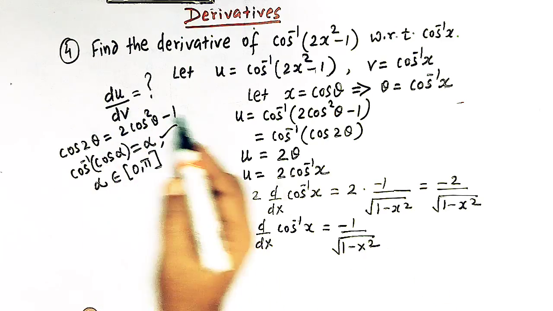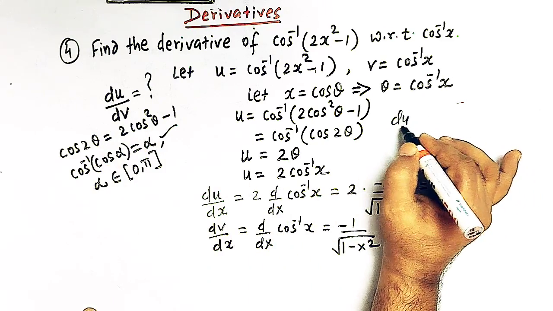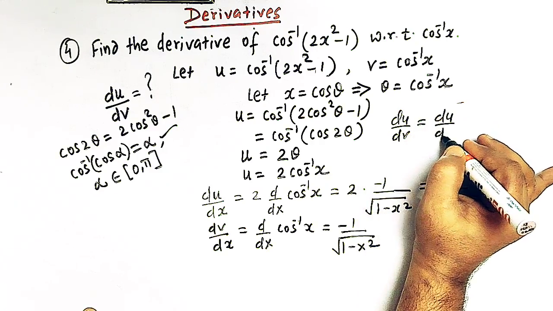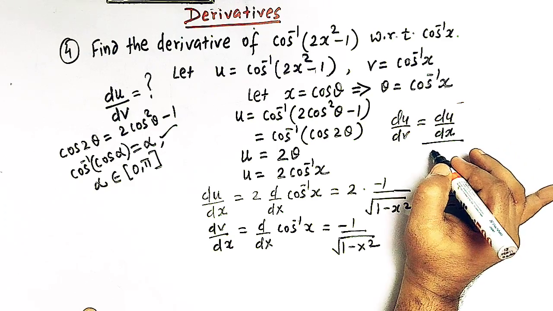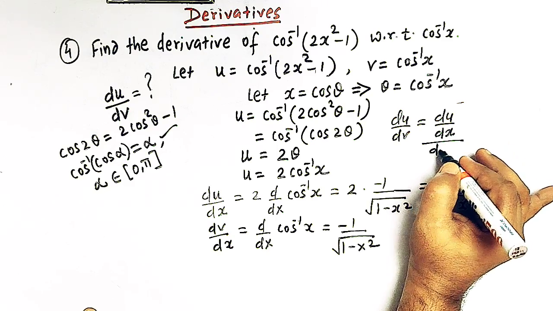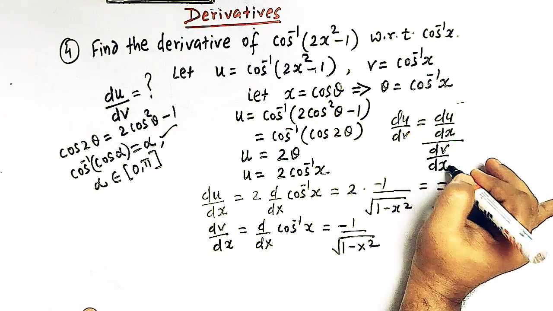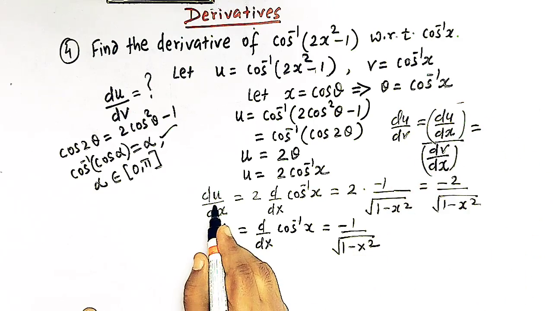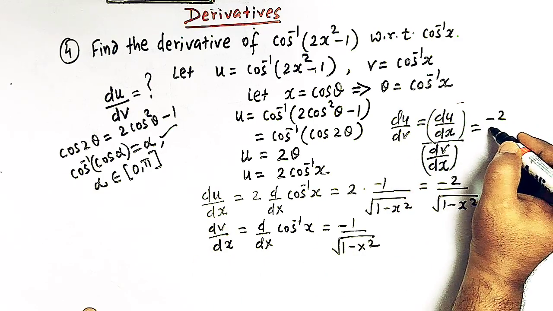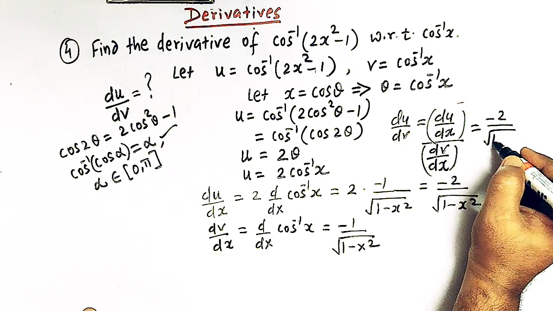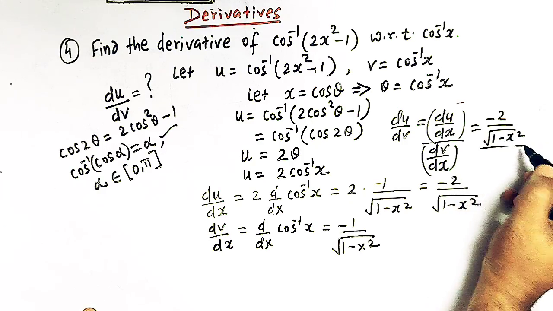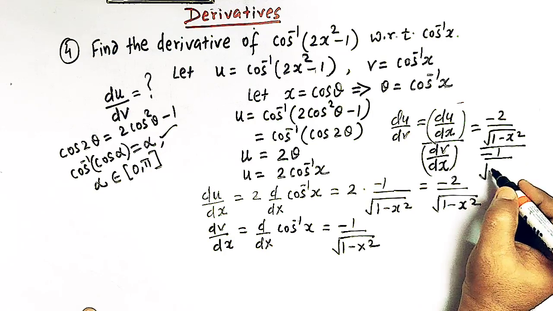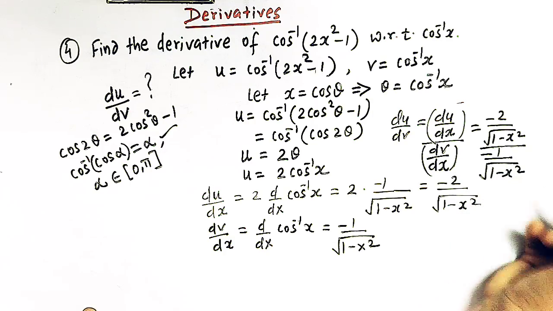So now du over dv can be written as du over dx divided by dv over dx, right? So now du over dx is minus 2 over square root of 1 minus x square, and dv over dx is minus 1 over square root of 1 minus x square.